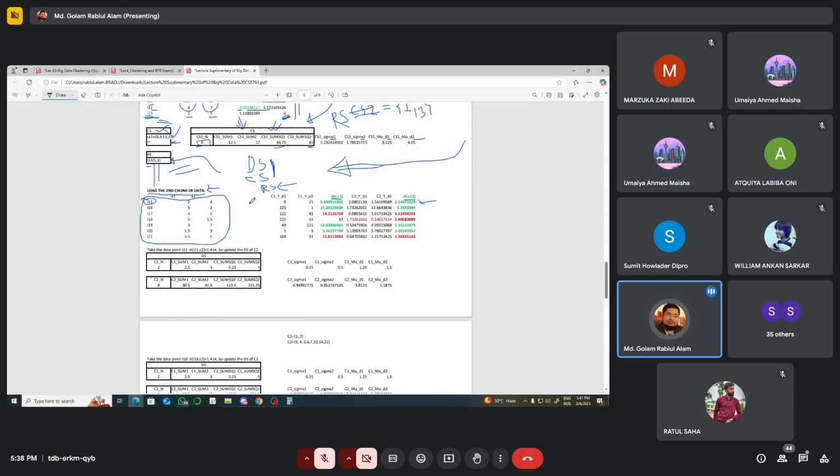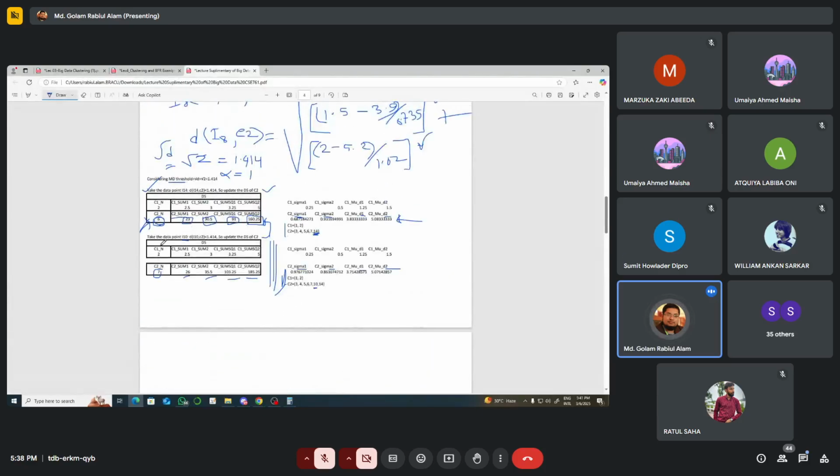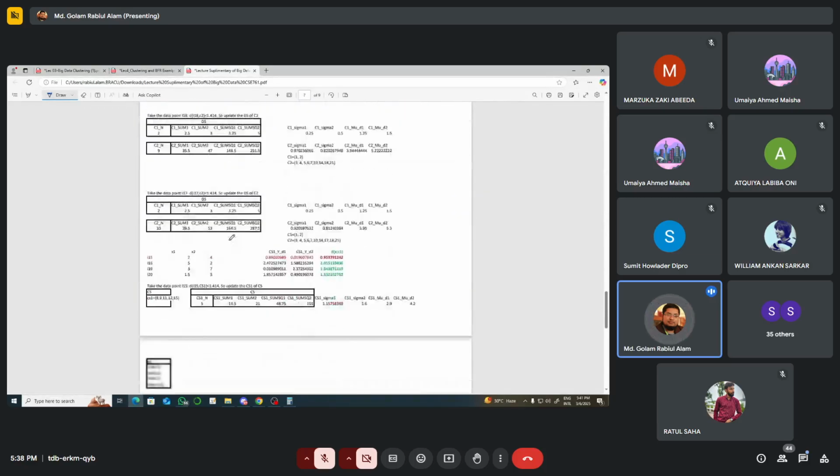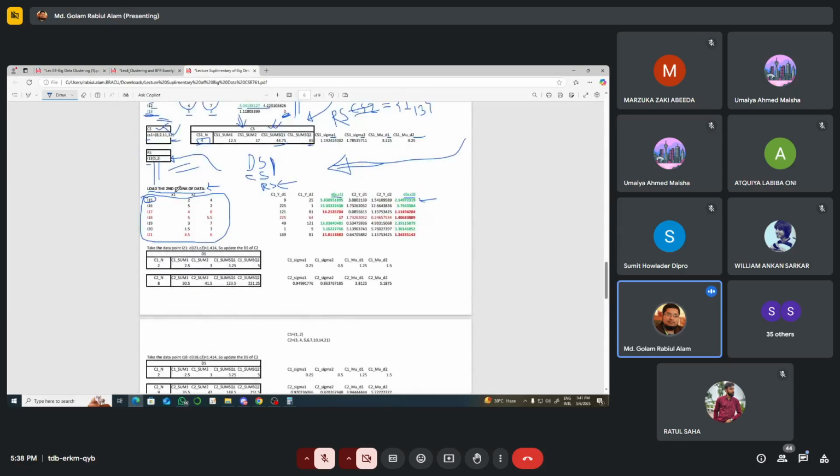So that means in our DS, we have two clusters, cluster 1 and cluster 2. And we have determined the distance of each and every individual of the secondly loaded data points. We have calculated the distance from cluster 1 and distance from cluster 2, that is the Mahalanobis distances.